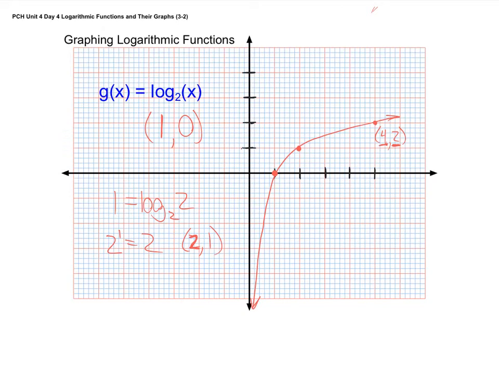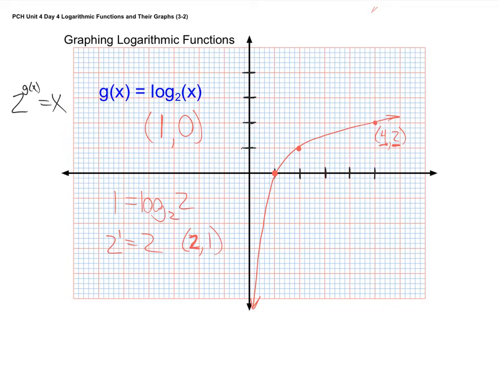And our next one is going to be 8, 3, because 2 to the third power is 8. If it helps you, here's the thing, guys. When you're graphing this, if it helps you initially, you can rewrite it as an exponential. I could rewrite this function as 2 to the g of x power has to equal x. So for the graph above, will the next one be 16, 4?